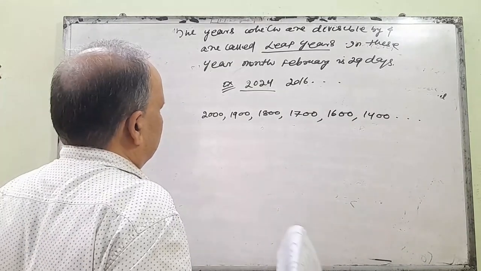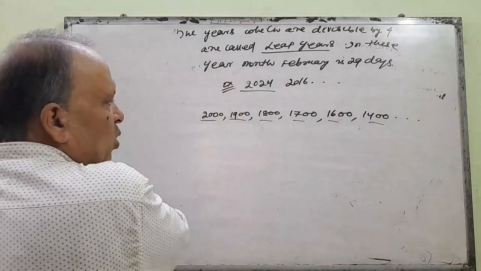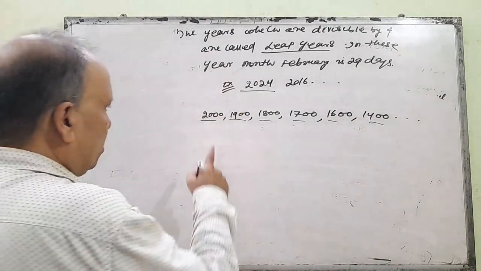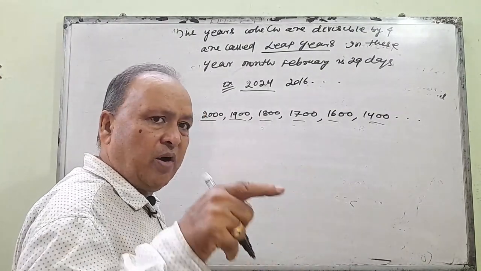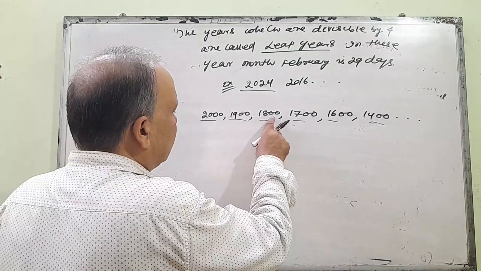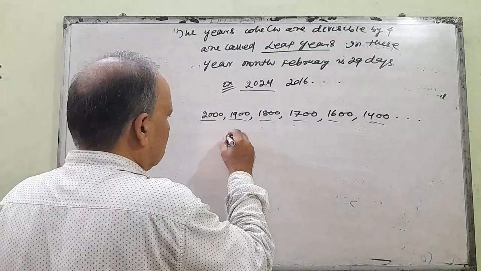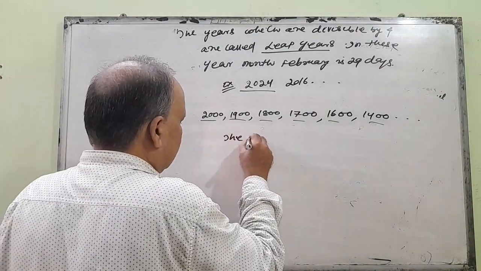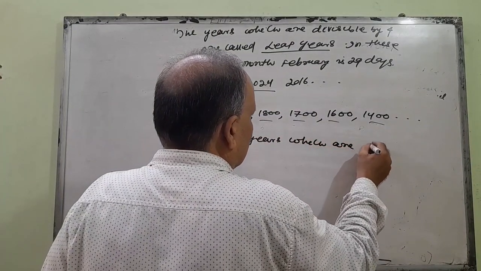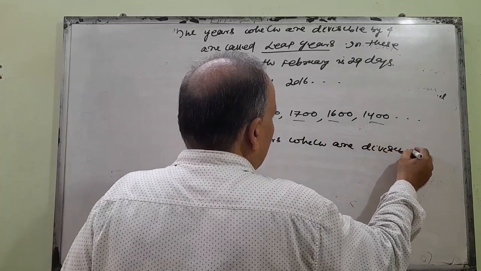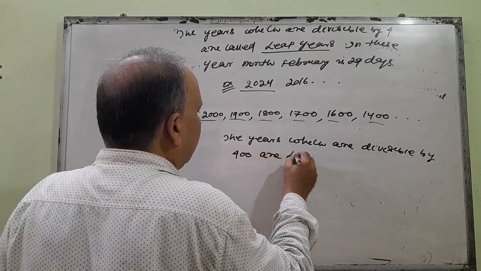In these years, which are leap years? Here, those years which are divisible by 400. You see 1800 is divisible by 4, but it is not a leap year. Though the years which are divisible by 400 are leap years.